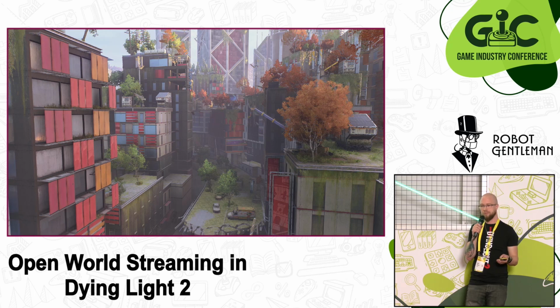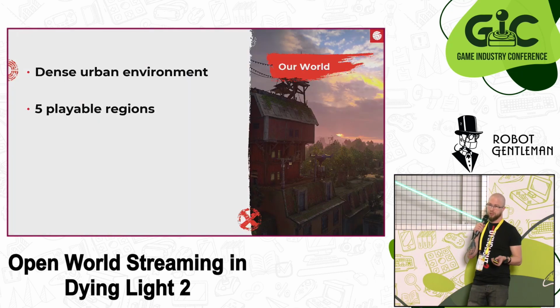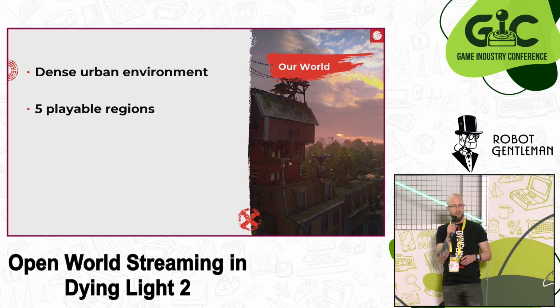We have trees and parkour opportunities on the rooftops, hordes of infected on the street, and quite a lot going on in between, with buildings that are also pretty detailed. Also, we have 5 distinctive playable regions, and I mean 5 in terms of asset management, because for players it could be more or less distinctive areas depending on how they perceive the game, but technically there were 5.